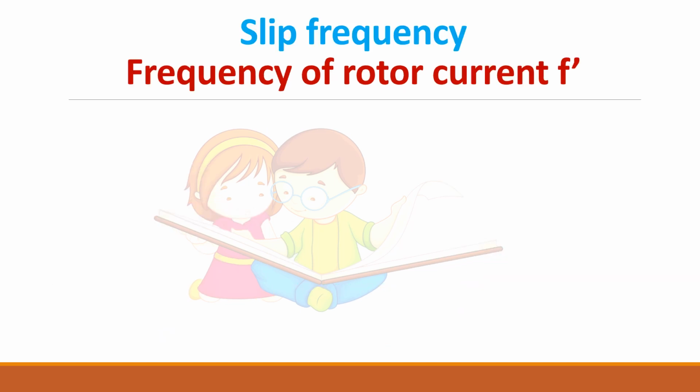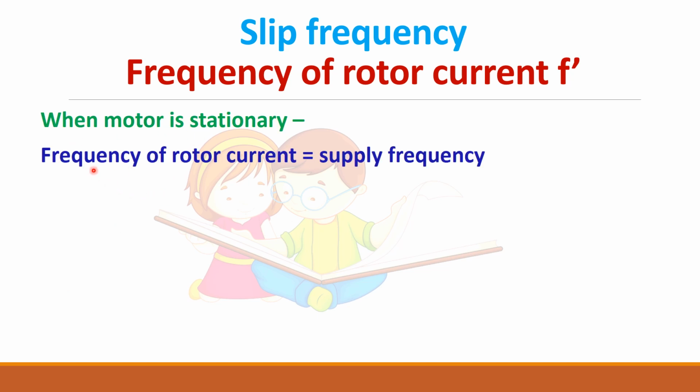Now we will see what we mean by slip frequency. So we saw that when the motor is stationary, the frequency of the rotor current is equal to supply frequency. But when the motor starts moving or rotating, everything will change. It depends upon the value of slip.